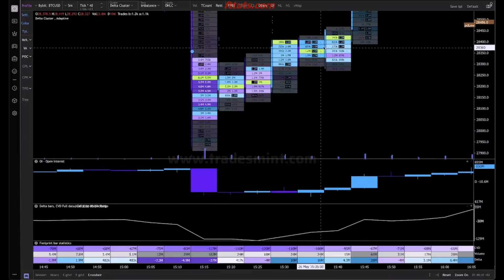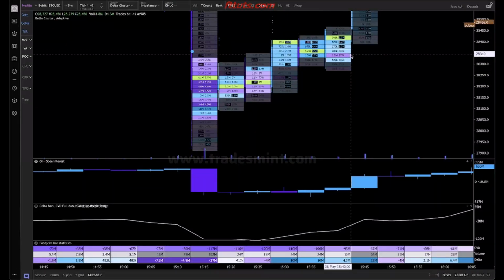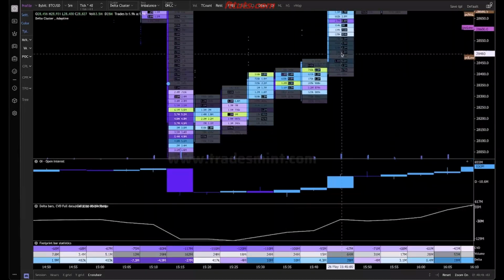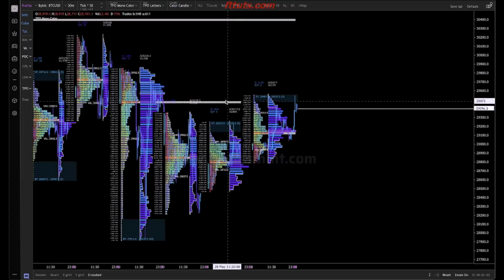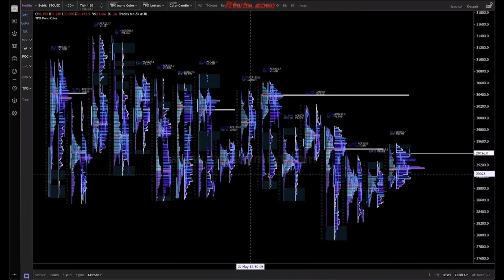With all of these things I just said, you want to see negative delta at the lows, or positive depending on if you're trading a long or short position. And then of course we need the decrease in open interest for the stop loss, and then the buying imbalances. And also, as a confirmation, I use the buying tails on the TPO template.